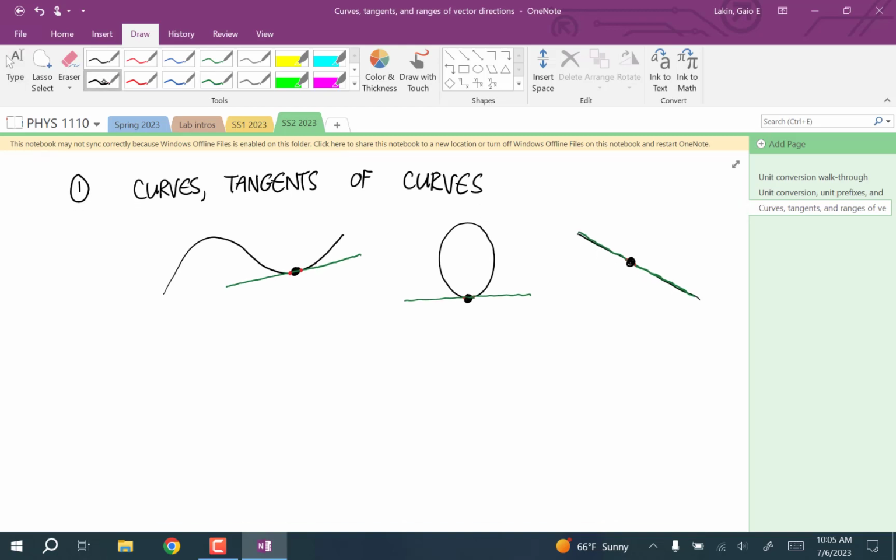We're going to deal with 2 different types of curves. Even though they can look exactly the same, the way you approach them is going to be different. The first one of these is when this curve represents a graph.